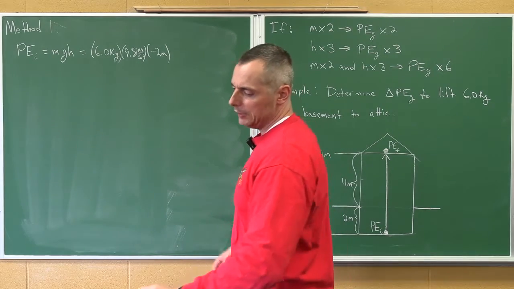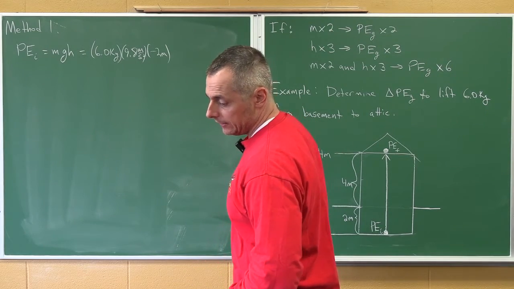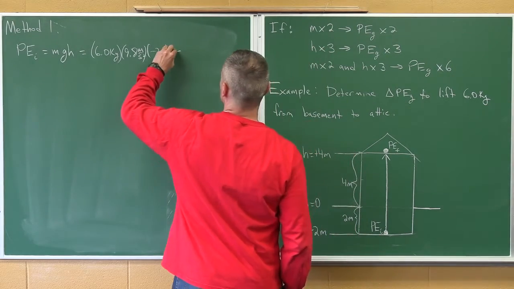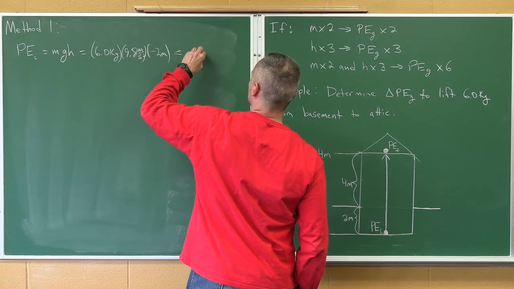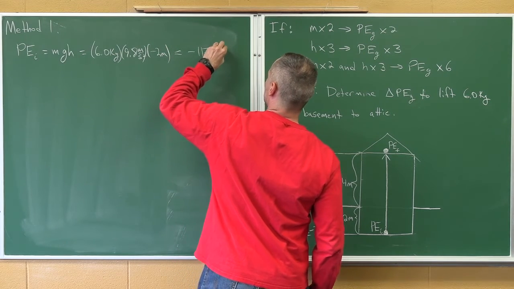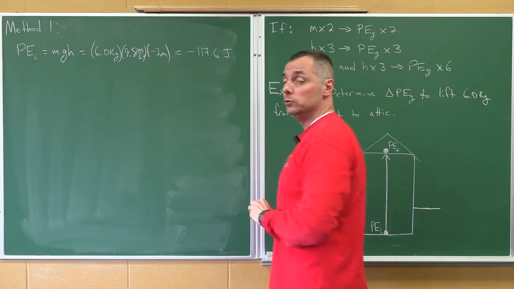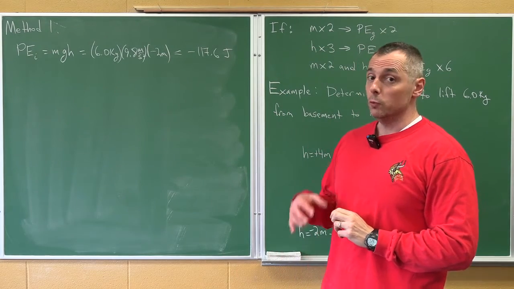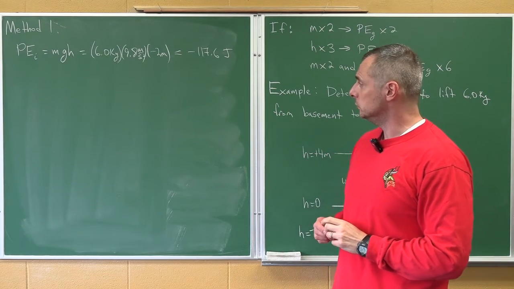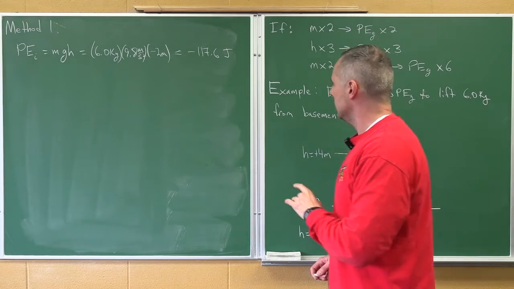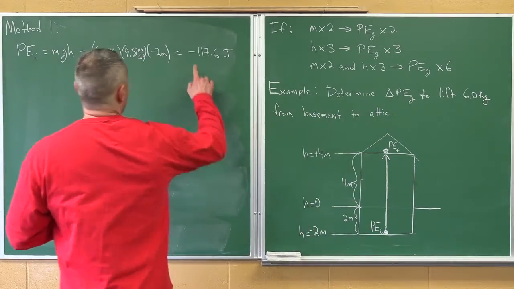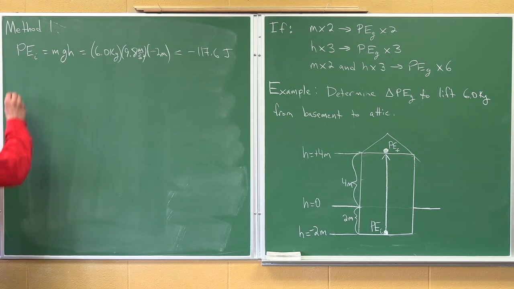If I multiply that all out, I get negative 117.6. And the answer is joules, like work and energy, both measured in joules. That's the initial potential energy when it's underground, negative potential energy.